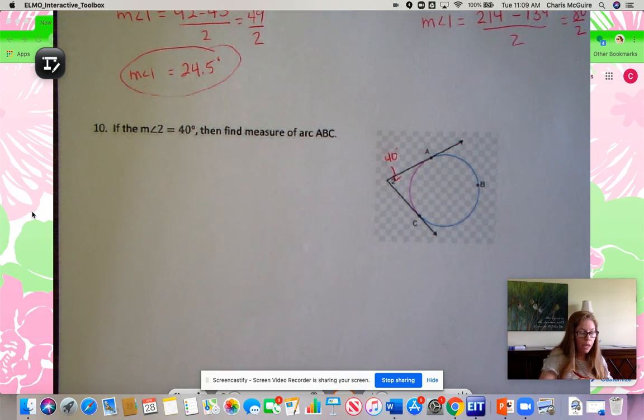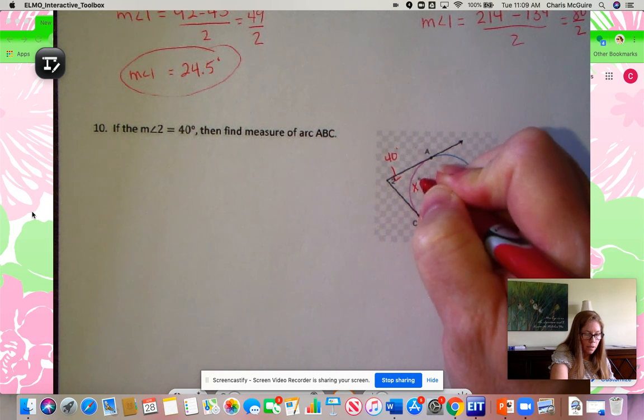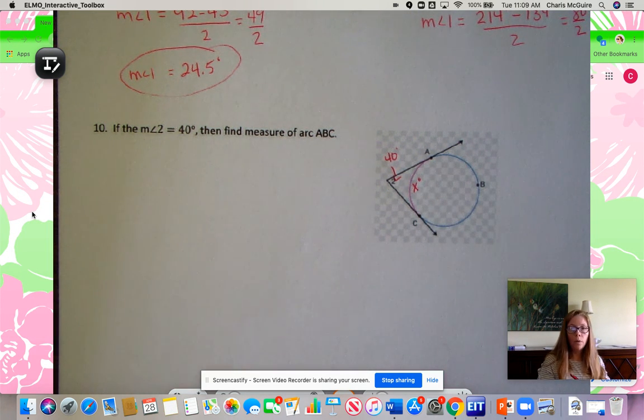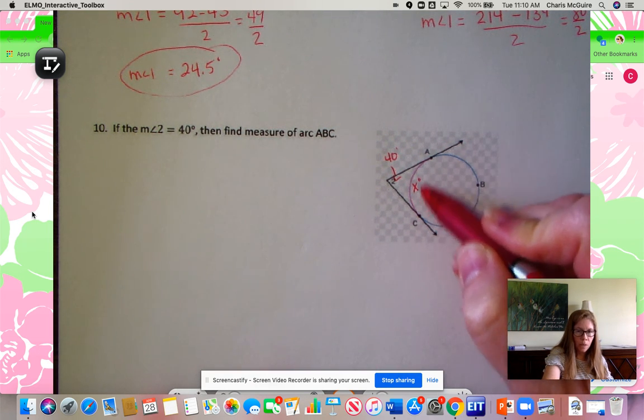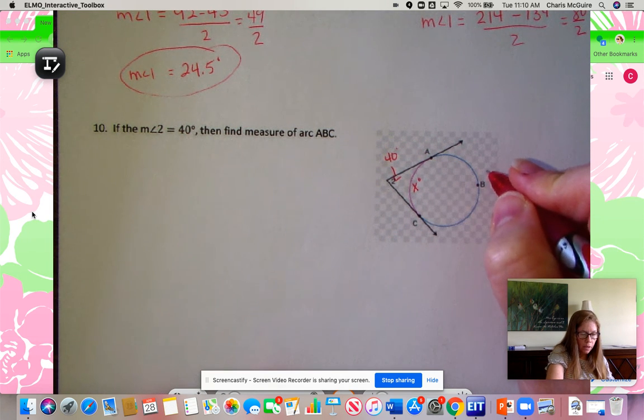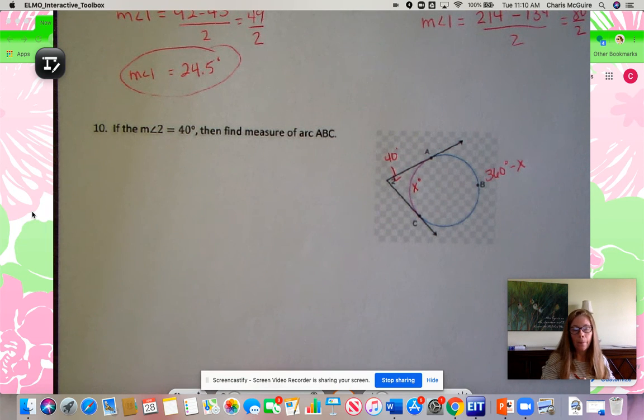I'm going to call arc AC x. This is going to be x degrees. What would be the algebraic expression that I use for arc ABC? Well, you should be saying that I'm going to do the whole entire circle minus this piece. So this arc is going to be 360 degrees minus x.